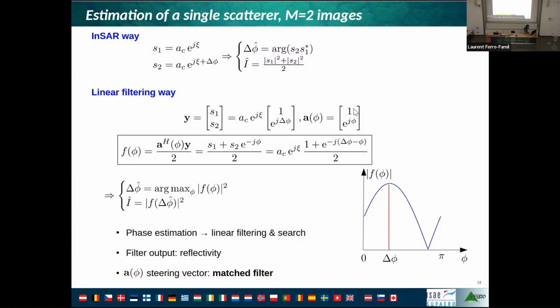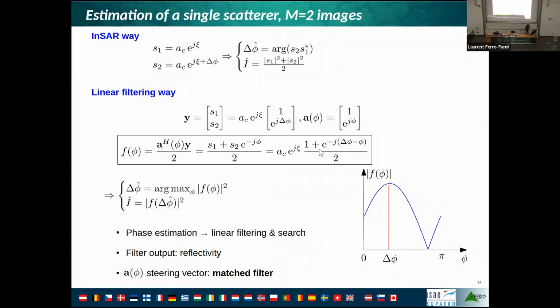If you apply the linear filter expression I mentioned before, you get at the end this result, which is complex. If you display the modulus of the output of this filter, you will get exactly the blue curve here. Why?